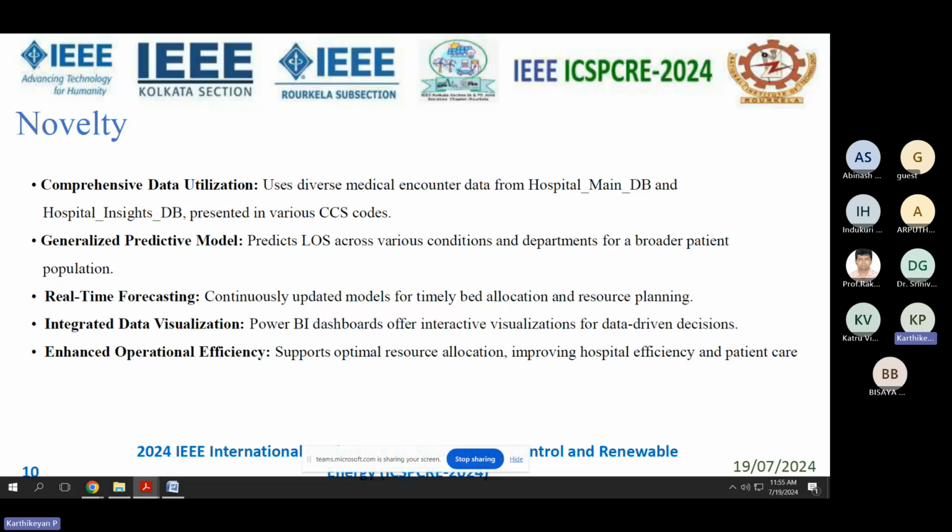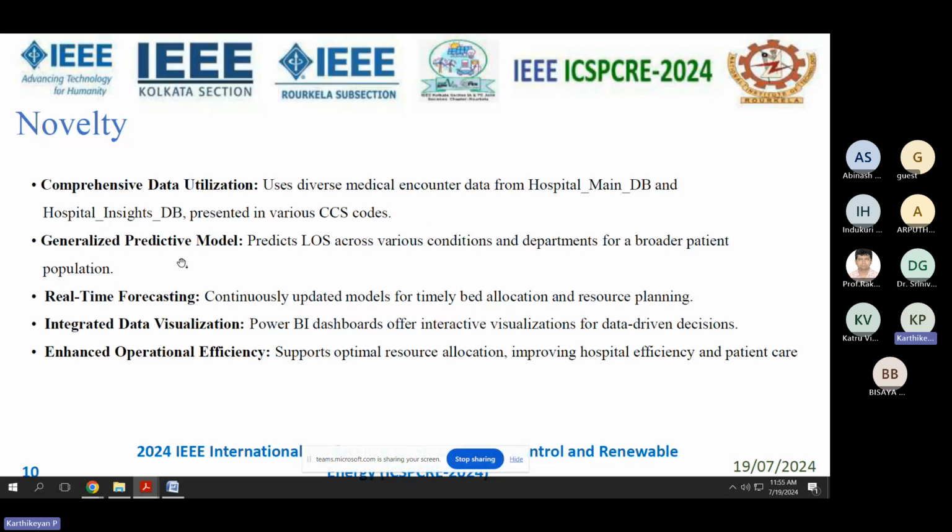In type 1, maybe the doctor suggests insulin or tablets. So every disease has various diverse factors, and it goes in depth, which makes collecting all the data for a specific disease complex. So we used CCS codes, where every code represents a unique disease.